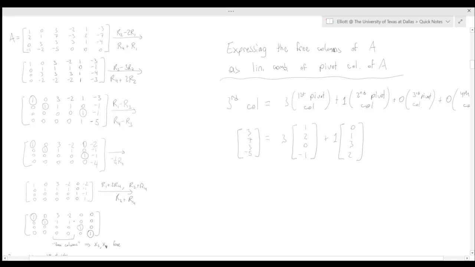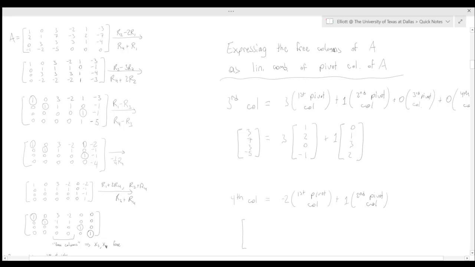And then finally, just looking at the fourth column, which is also a free column. Based off the numbers that we have in the RREF, it should be -2 times the first pivot column, and then +1 times the second pivot column, and then +0 times the third pivot column, +0 times the fourth pivot column.